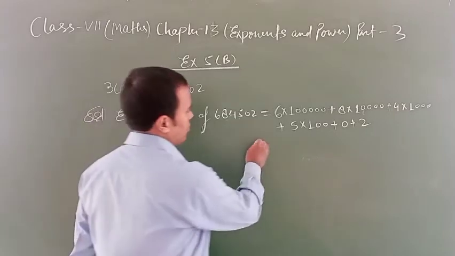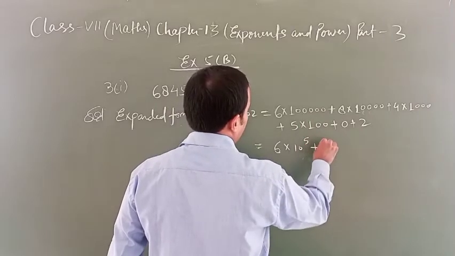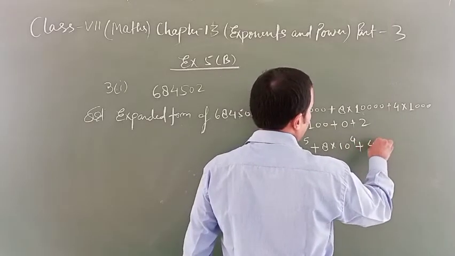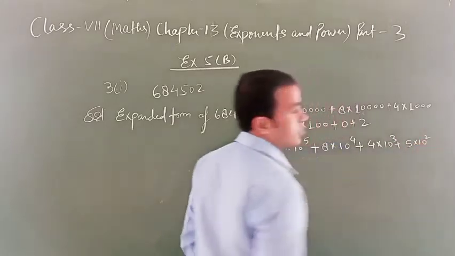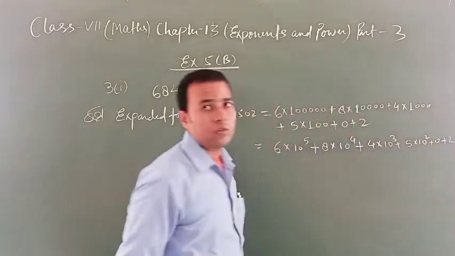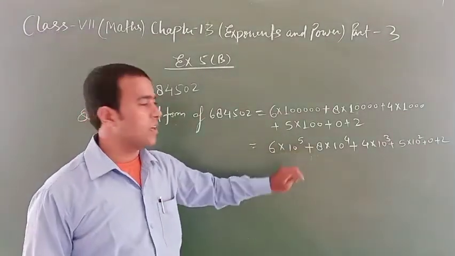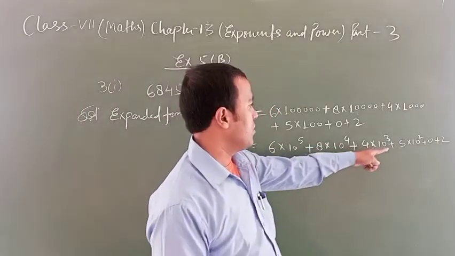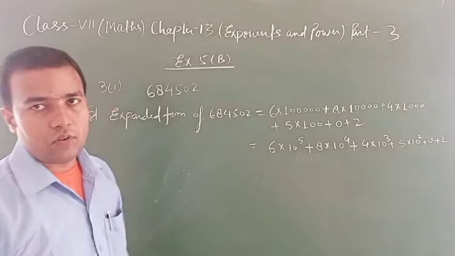It is in expanded form. You can do like this: 6 into 10 to the power 5 plus 8 into 10 to the power 4 plus 4 into 10 to the power 3 plus 5 into 10 to the power 2 plus 0 plus 2, okay. It is in expanded form.